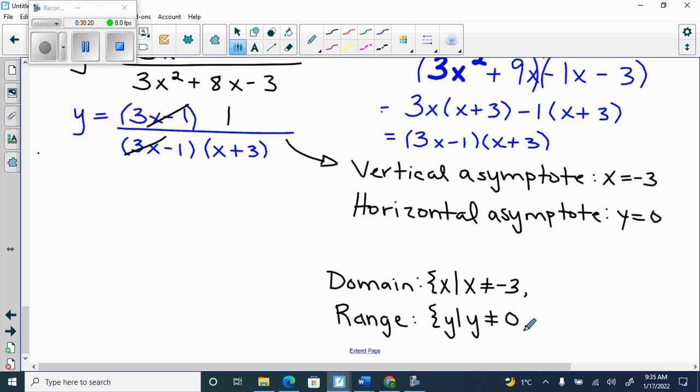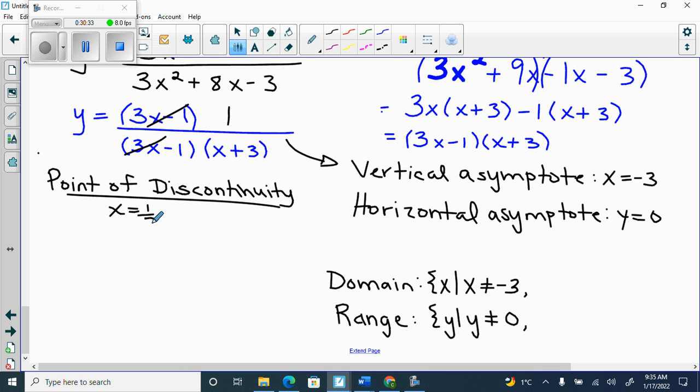My point of discontinuity is at what? x equals 1/3. I plug it into the reduced, simplified form, x plus 3.